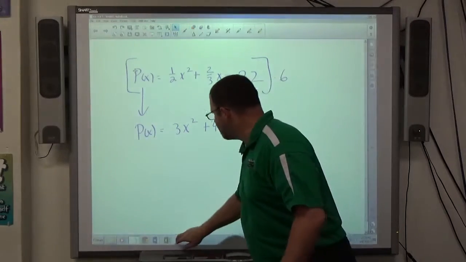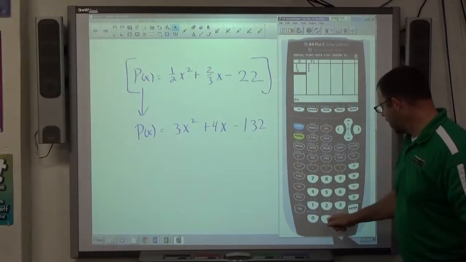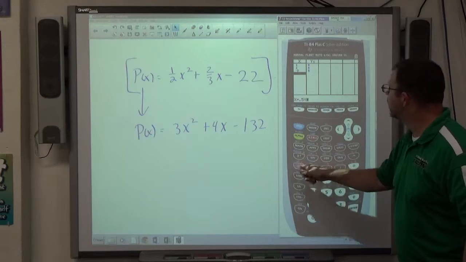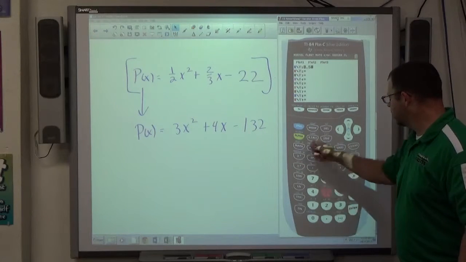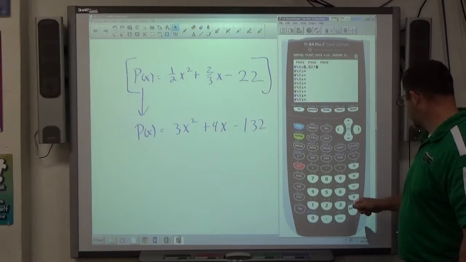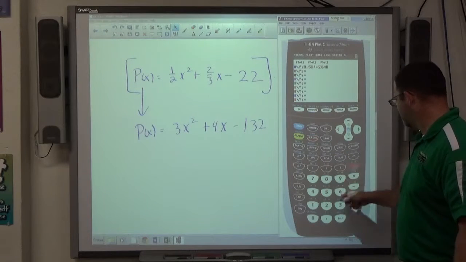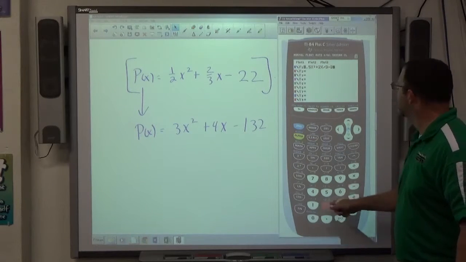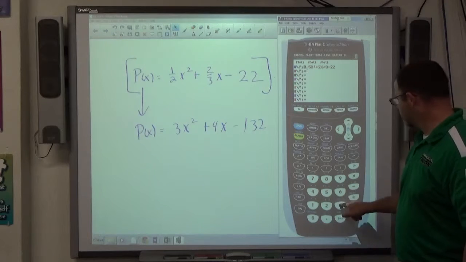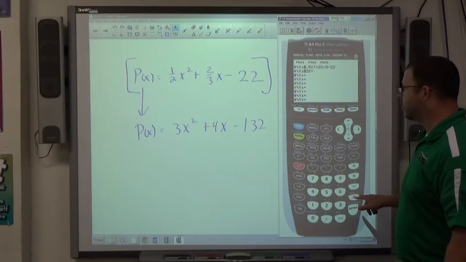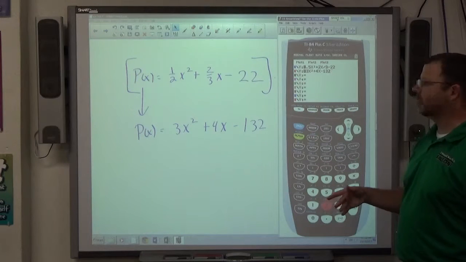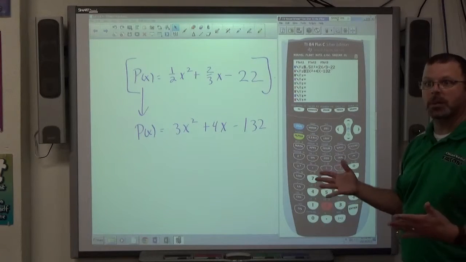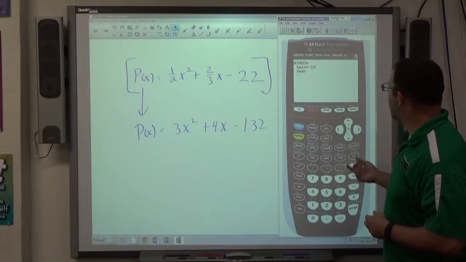If I were to type in both of these functions, 1/2 x squared plus 2/3 x minus 22, and I typed in 3x squared plus 4x minus 132. They don't make the same graph because they're different. So let me go to window.